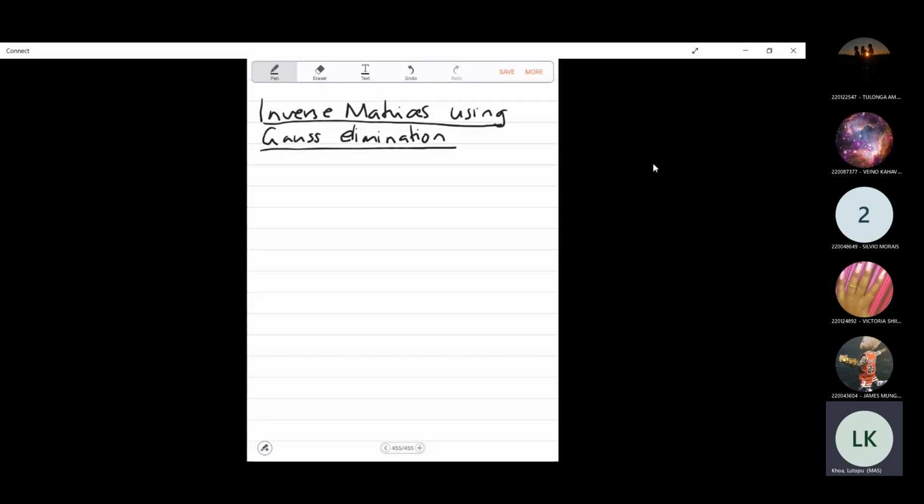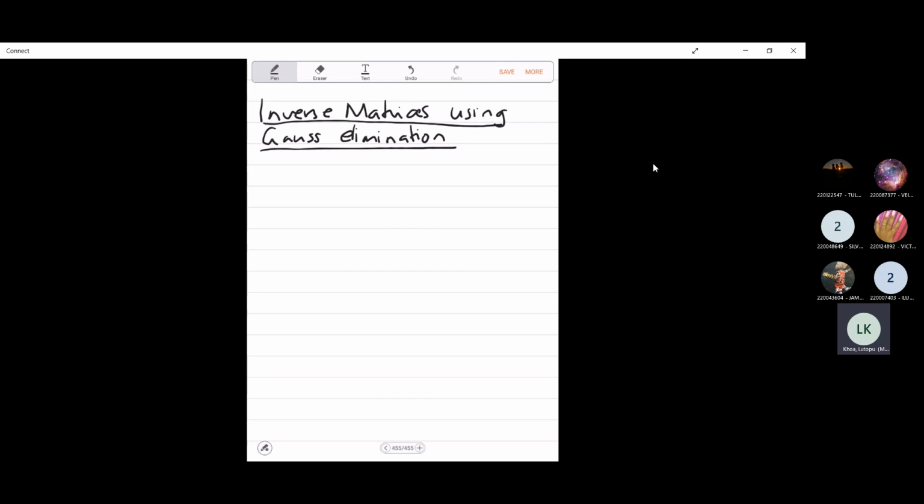So we find the inverses of square matrices, but the inverse of a square matrix only exists if the determinant of that matrix is not equal to 0.